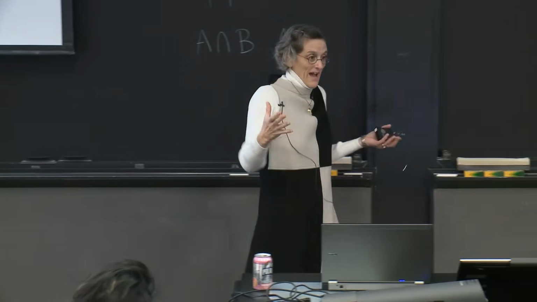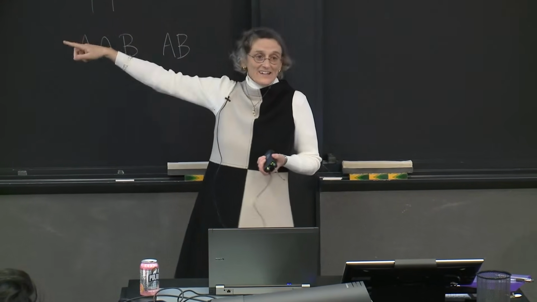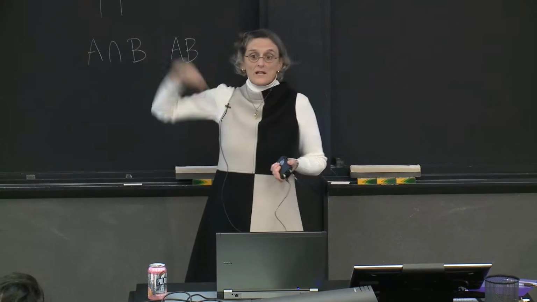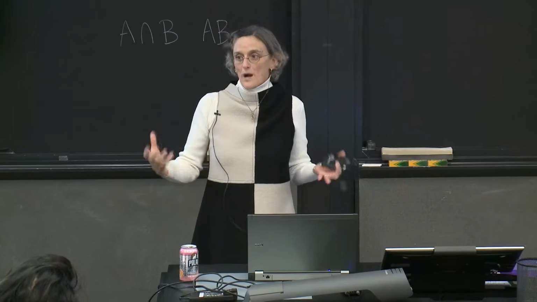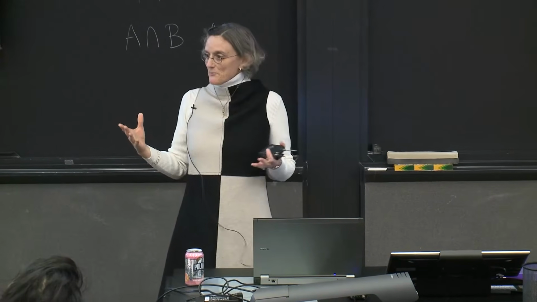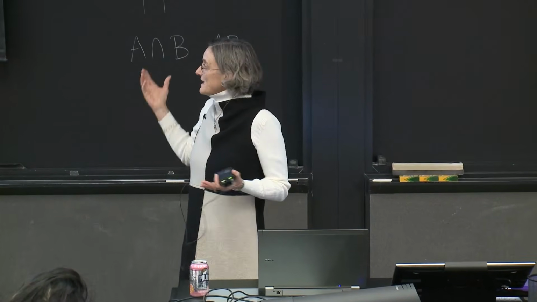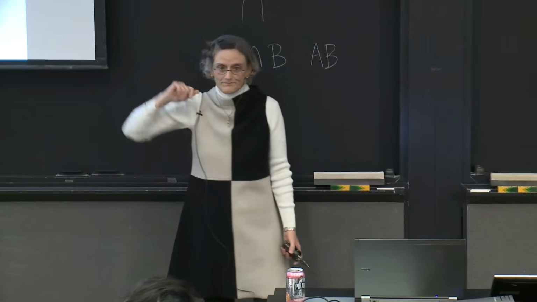We just have a sample space, and if we have some function that satisfies these three properties, then we're going to call it a probability. It's simply any function defined on a sample space that satisfies these three properties.